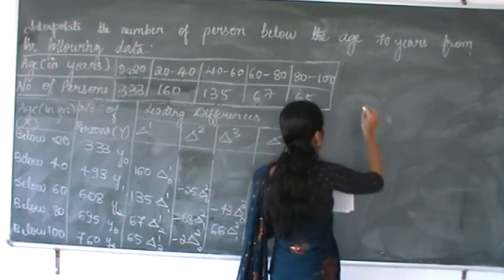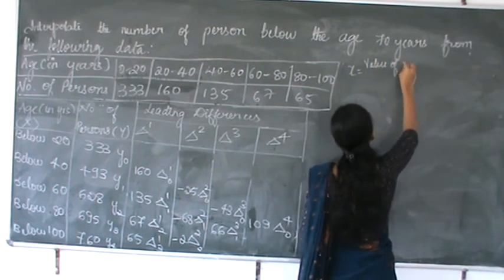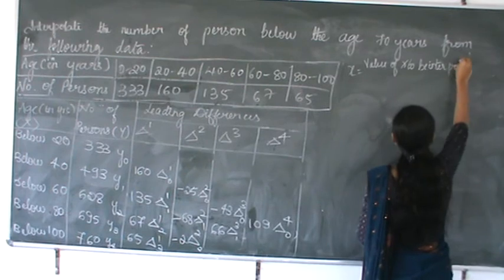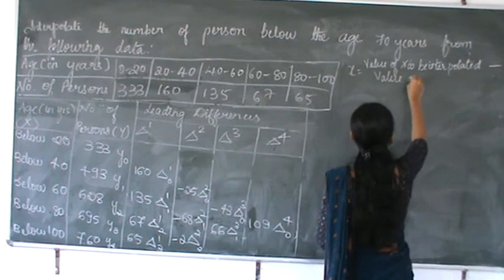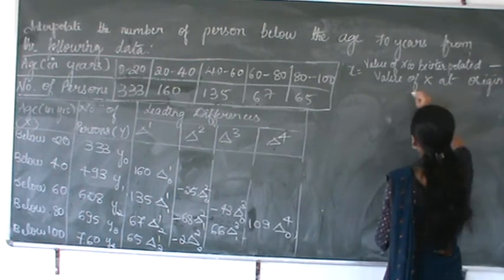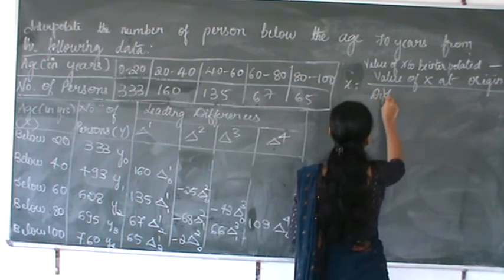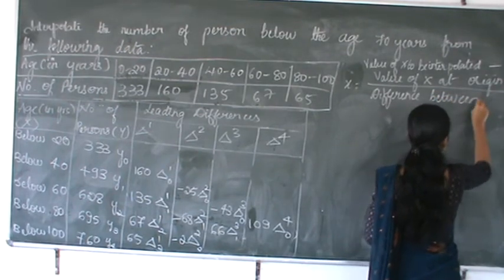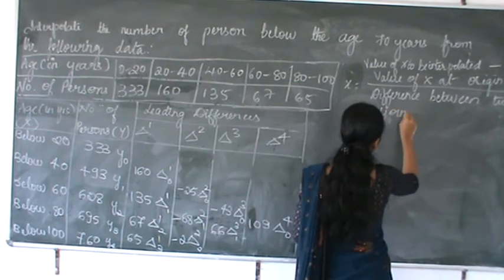So first of all we will write the formula of x. x is equal to the value of x to be interpolated minus the value of x at the origin, divided by the difference between two adjoining values of x.